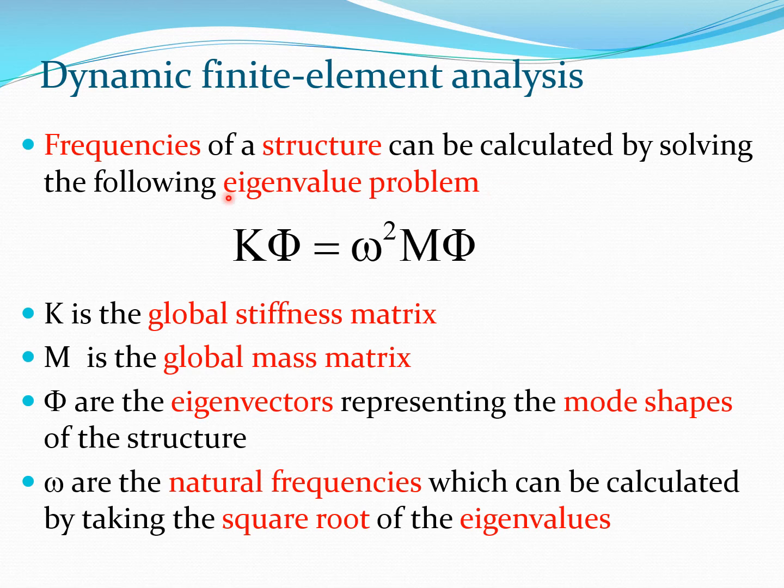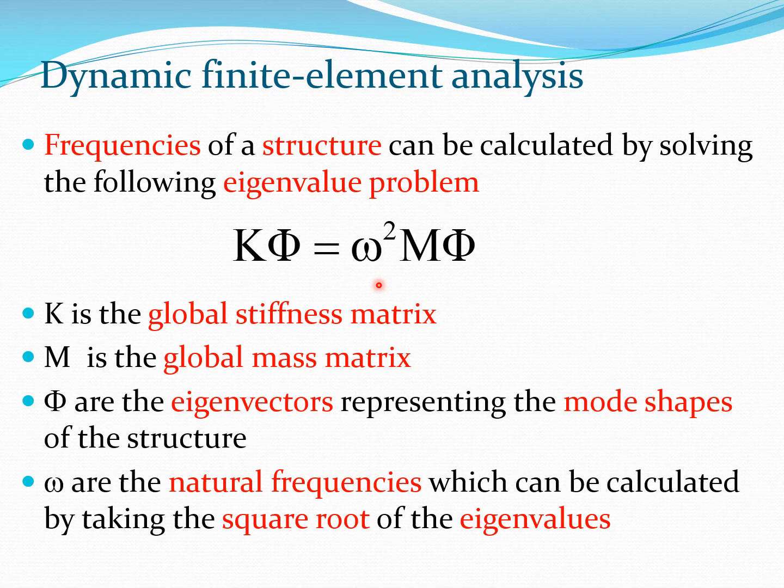So essentially what we do in a structure is that we assemble the stiffness and mass matrix and solve this particular eigenvalue problem, and then whatever eigenvalues we obtain, we take the square root of that to yield the natural frequencies, which are very important parameters in a structure which essentially govern its dynamic behavior.